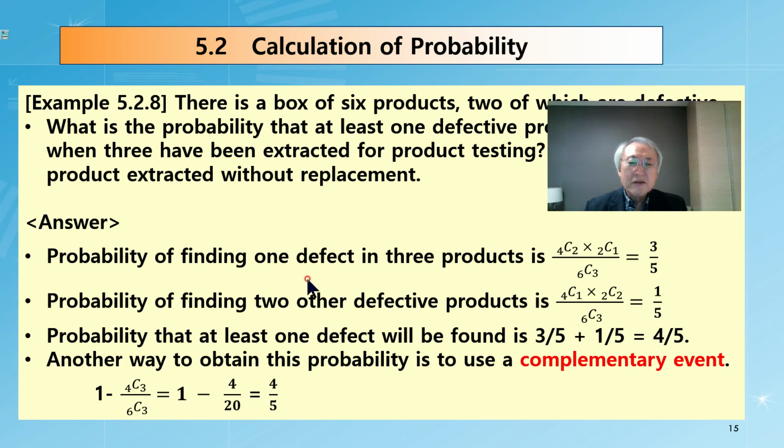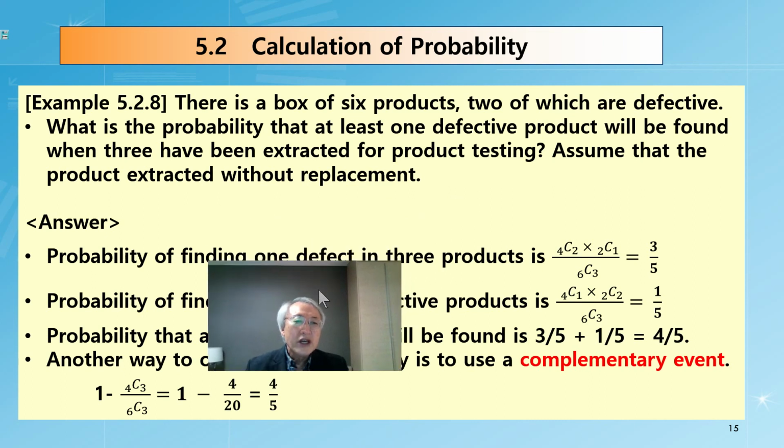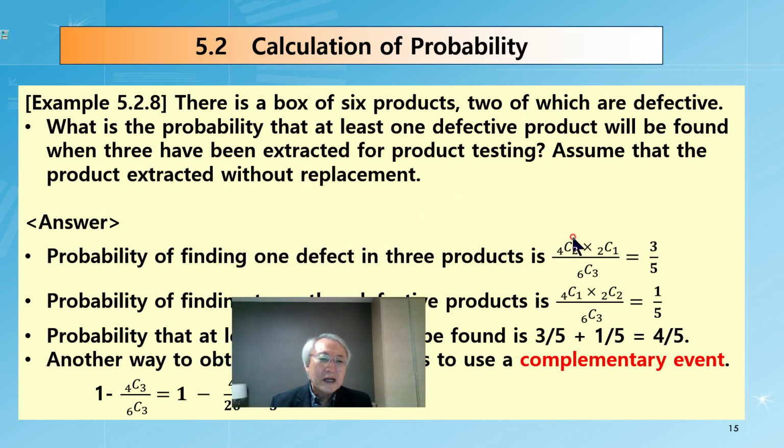Then the probability of finding 1 in 3 products looks like this. The total number of possible selections is 6 combination 3. We have 2 of them defective, and that means 4 of them are good items.